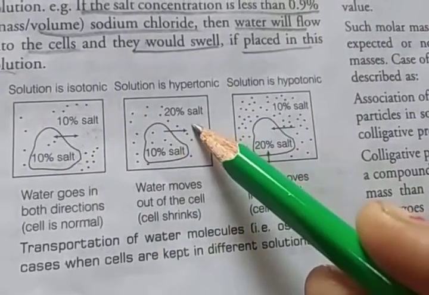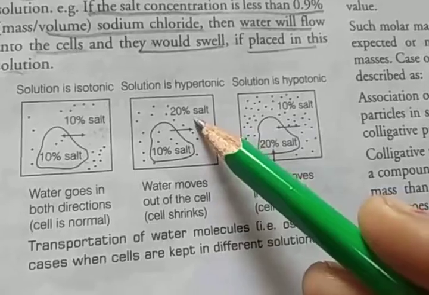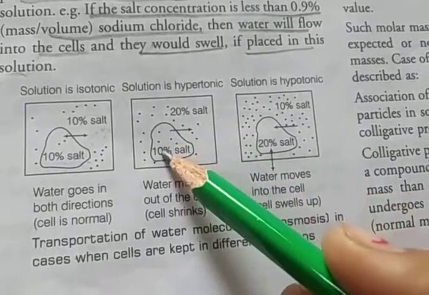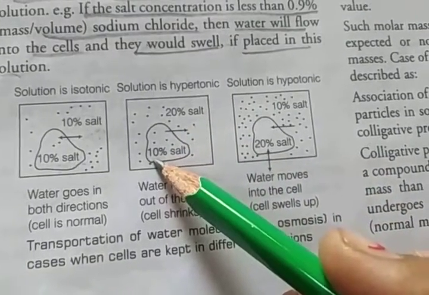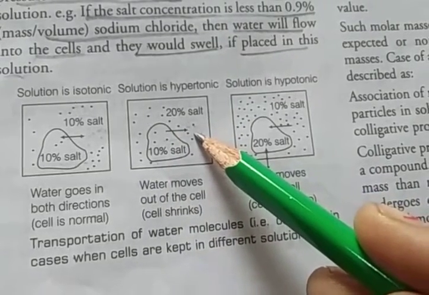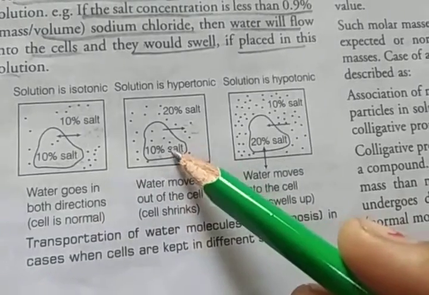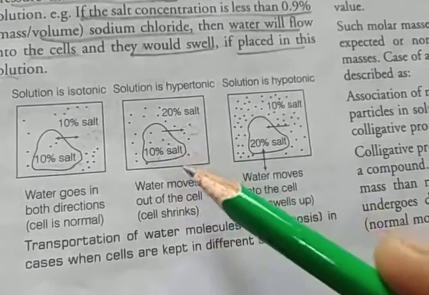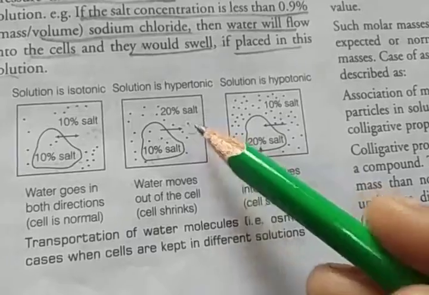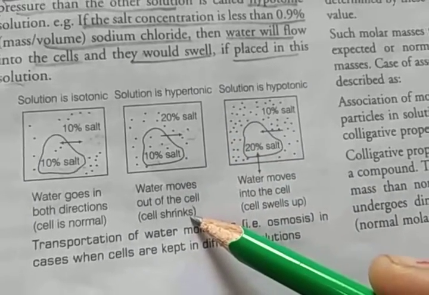The solution is hypertonic, that means a solution having more osmotic pressure than the other solution. Inside you will see 10% and outer 20%, so water goes to the outer side and the cells shrink. This process is known as plasmolysis.